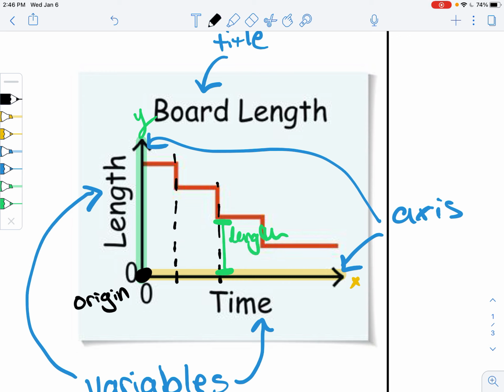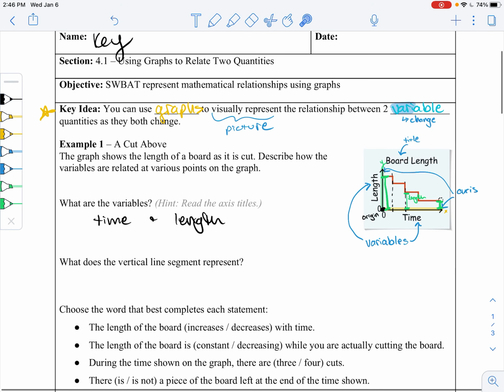And then we cut it again, and then finally at the end of our graph, this is how long our board is. It went from being this long down to this long. Now we don't have any numbers on our axis, it's not labeled, so we can't tell by how much it decreased, but we do know it got shorter. So that's a fun story.